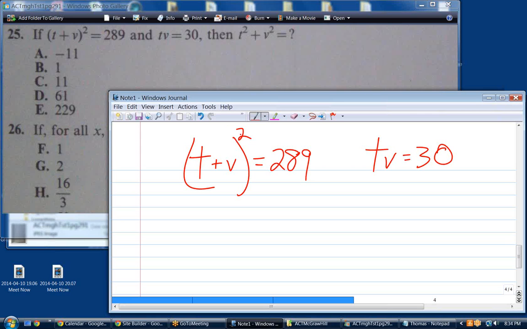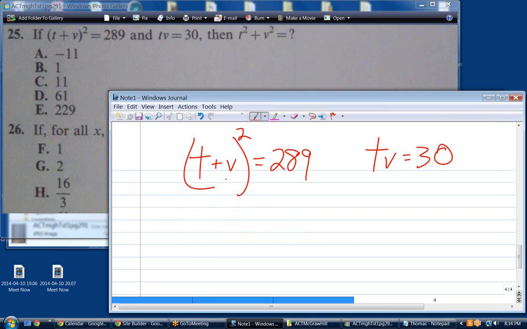There's a 2 there, so let's expand that. That's the only thing we can do. I could take the square root of both sides, but they don't want that. That doesn't help us any. They want t squared plus v squared. I can't get that from t plus v.